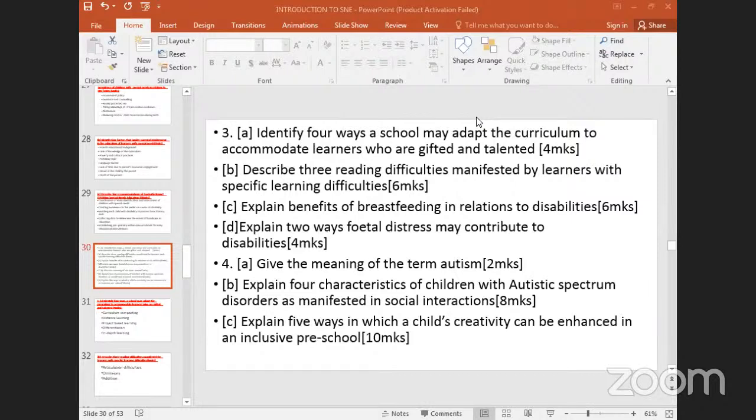That answer is super because it has reminded the examiner that you are dealing with learners who are gifted and talented. Remember, relating your answers to the question is very important. Some of you would say, enrich the curriculum, and you move on.